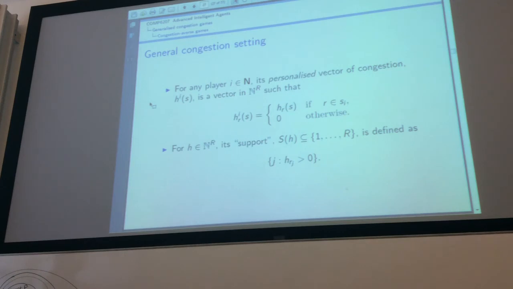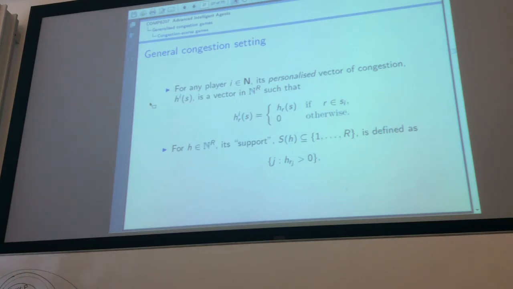Why? Because I don't care about the resources I don't want to use. So from every congestion vector, we can look at it from the perspective of the given agent and look only at those entries which I have chosen, and zeros on the others.